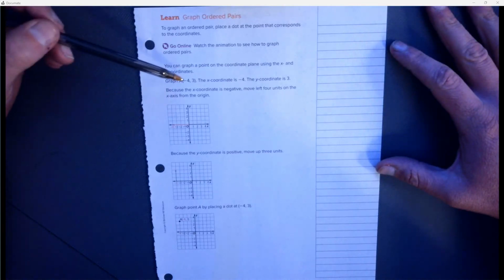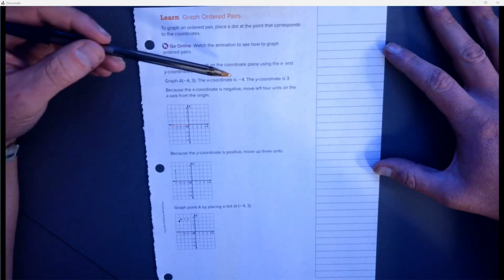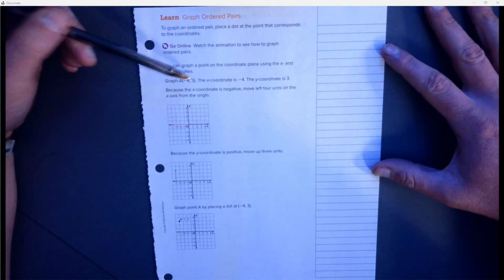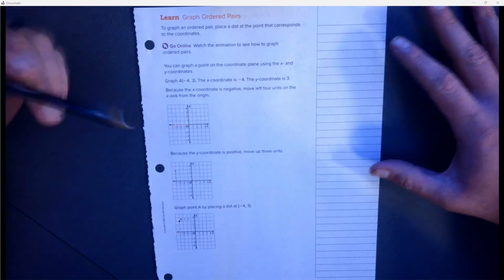Now let's take what we've learned so far and apply it when we want to graph ordered pairs. To graph an ordered pair, place a dot at the point that corresponds to the coordinates. You can graph a point on the coordinate plane by using the x and the y coordinates. Graph A (-4, 3). The x coordinate is -4, the y coordinate is 3. Because the x coordinate is negative, we know we're going to move to the left. We're going to move 4 units to the left.